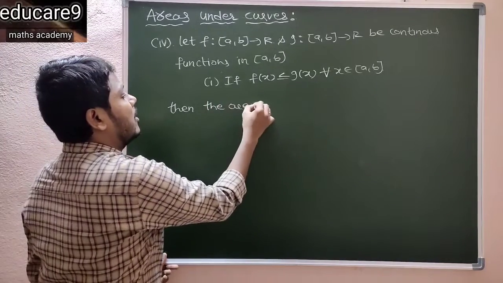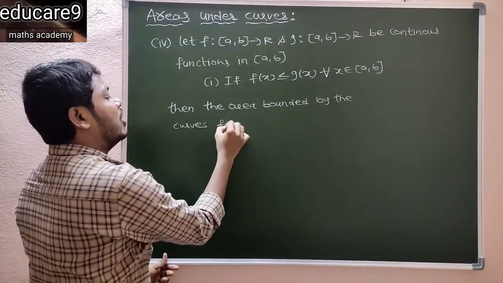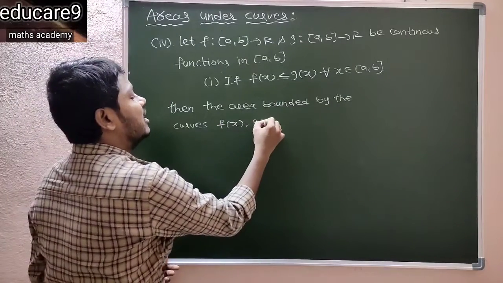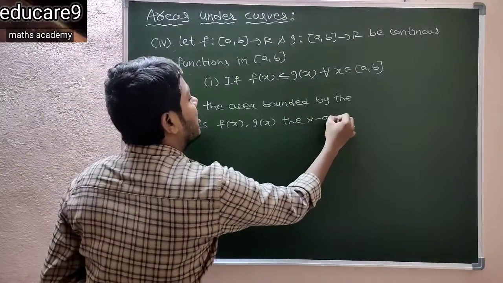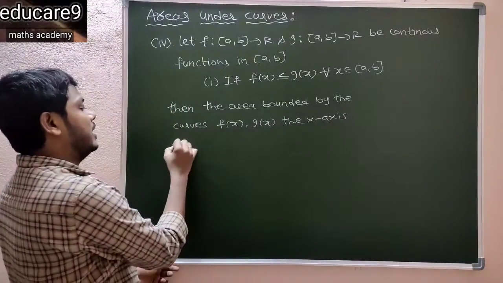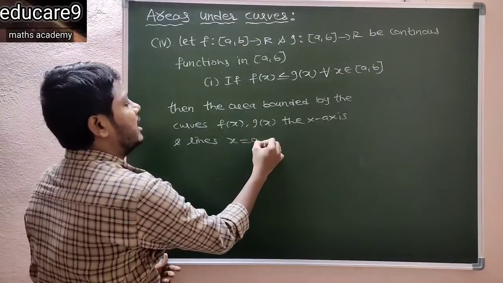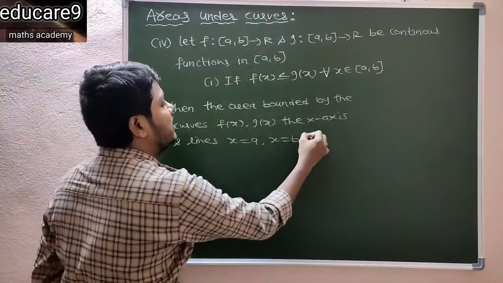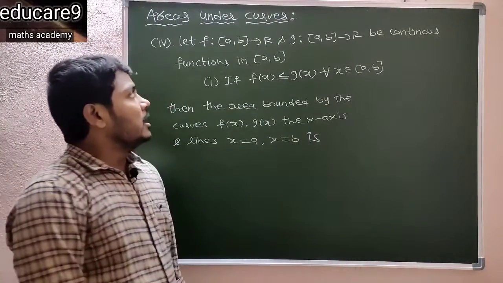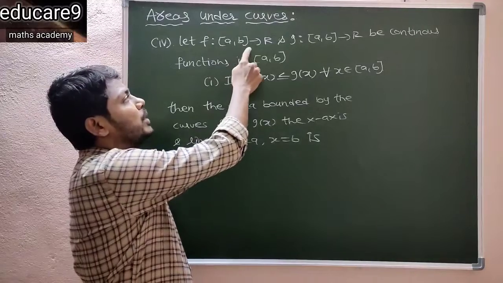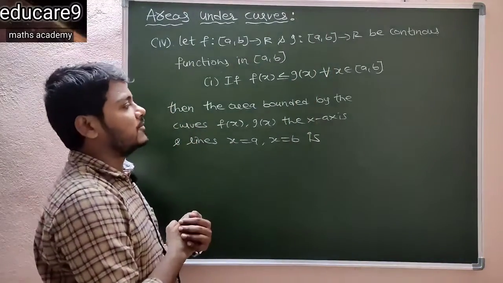the area bounded by the curves f of x and g of x, the x-axis and the lines x is equal to a, x is equal to b is, so see here, f from a to b to R and g from a to b to R are any two continuous functions.